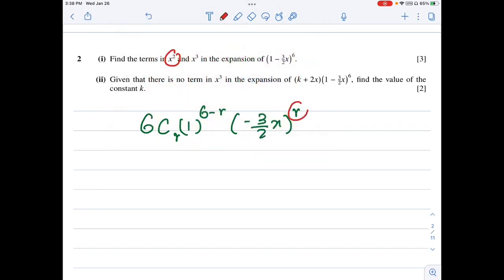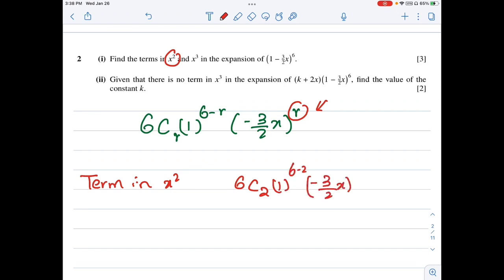So r value should be equal to 2. So the term in x square should be 6C2, 1 to the power of 6 minus 2, minus 3 upon 2x whole to the power of 2. So simplify that, 135x square upon 4.